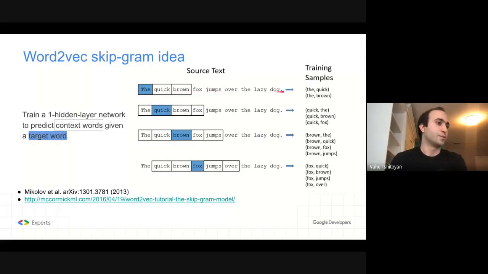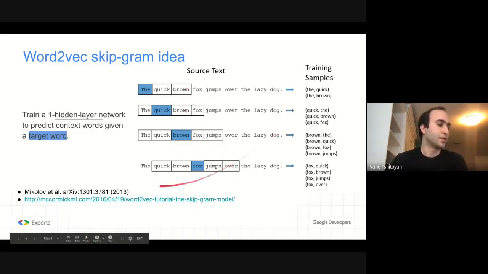So for this example, you would have two training examples: given the word "the," predict "quick" and predict "brown." Then you move over, and you have three more examples for the input "quick": predict "the," "brown," and "fox," and so on. You loop over your whole corpus. There is no human labeling.